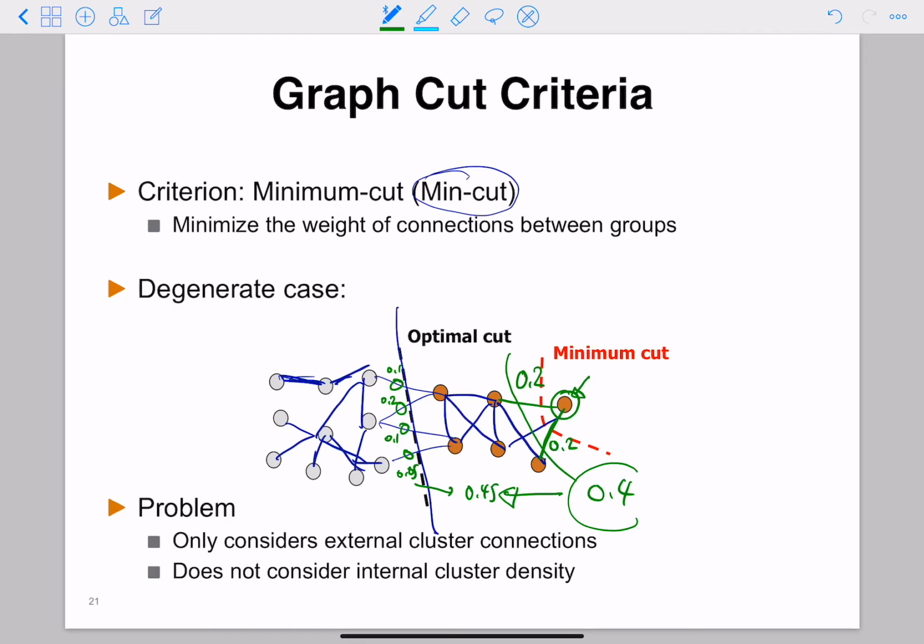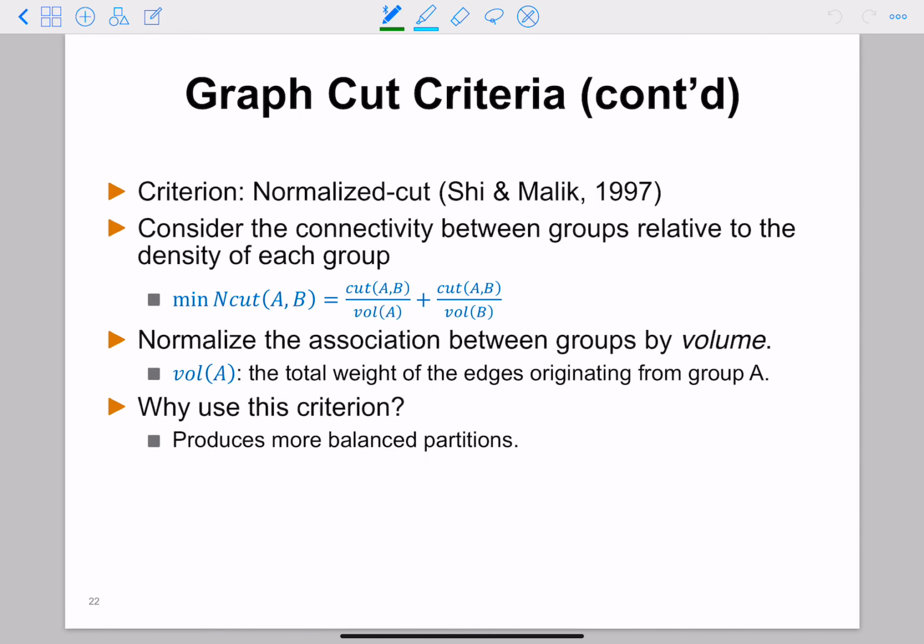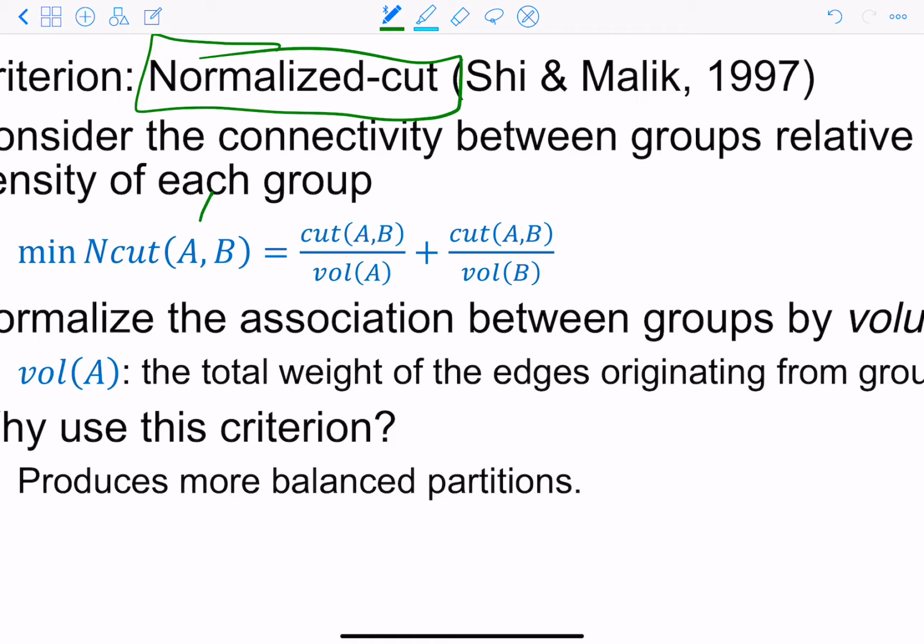So we can think a little bit better than only considering the minimum cut. The next algorithm is called normalized cut. We basically use a normalized version of this cut measure. This is the definition of the normalized cut.